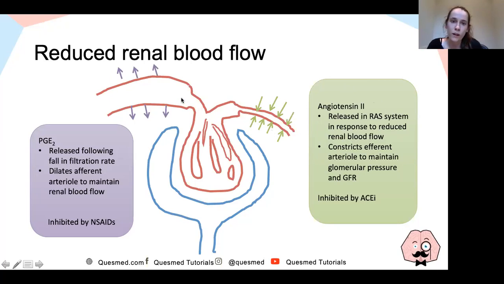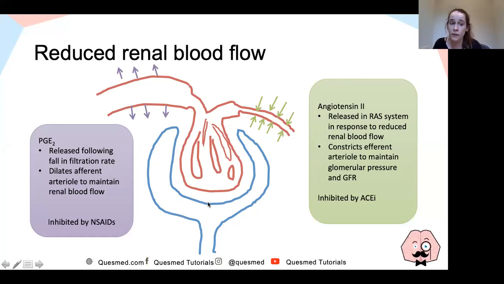So while this arteriole here is more dilated and more blood is going to that glomerulus, it's then receiving a back pressure here. More blood is being pushed backwards, and therefore more is able to be filtered, because both of these mechanisms, where you're allowing loads of blood in but then stopping it from leaving, that then creates this high pressure within the glomerulus, and therefore we maintain glomerular filtration.